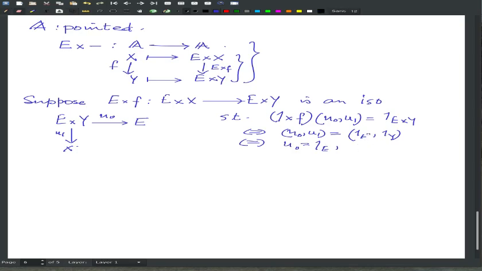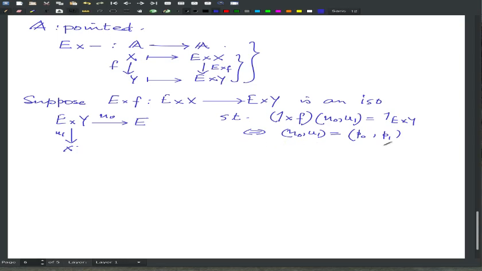So which says U0 is identity of E. No, I made a mistake. This is P0 and P1, right? So U0 is P0. So this is one side of the story.